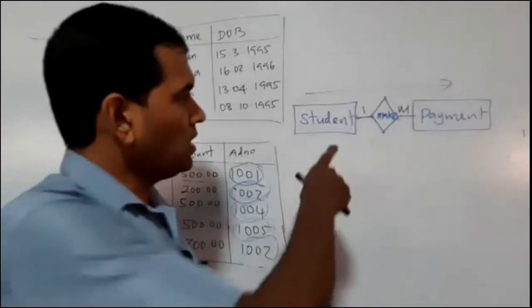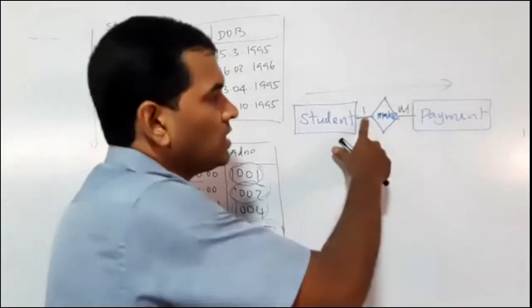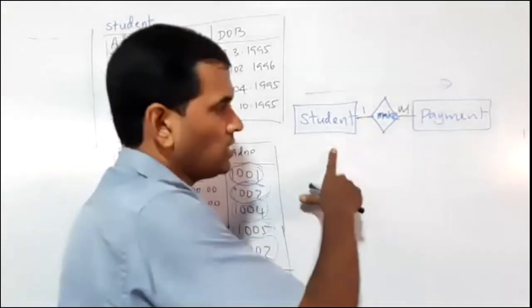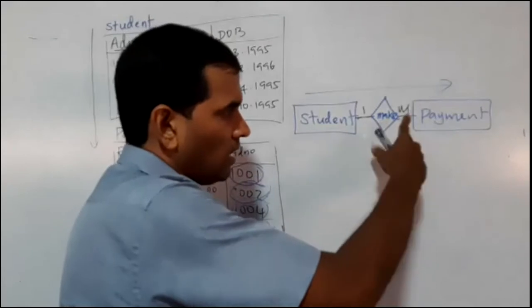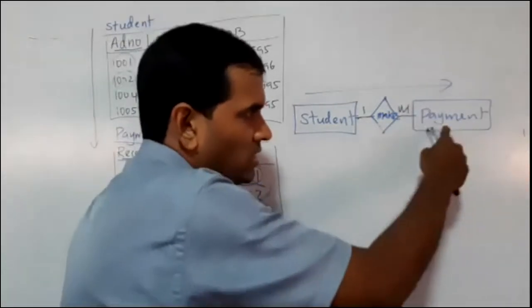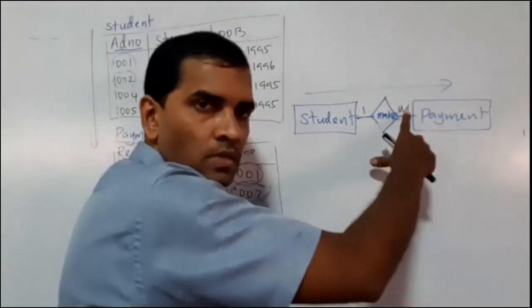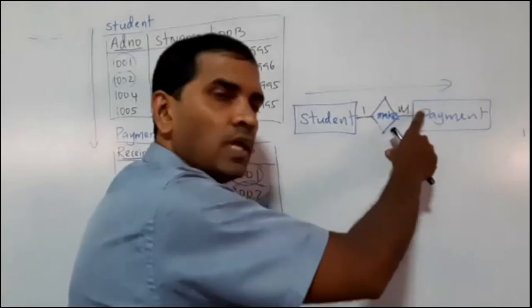One student can make many payments. Okay, good. One student. Look here. This table has students' data, but there is a one, which means one student. The relationship is make. That table has payment data, payment details. Now there is a many, so we have to take that as many payments.